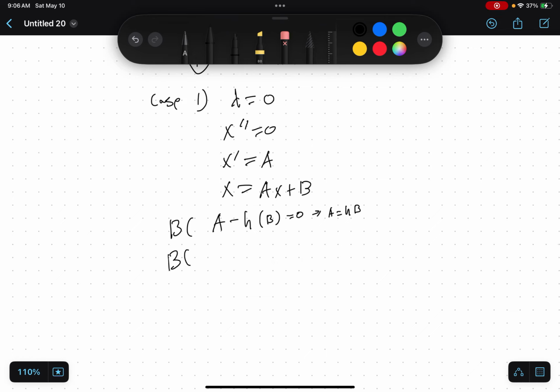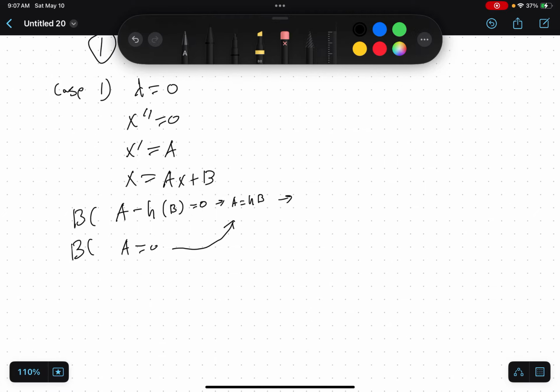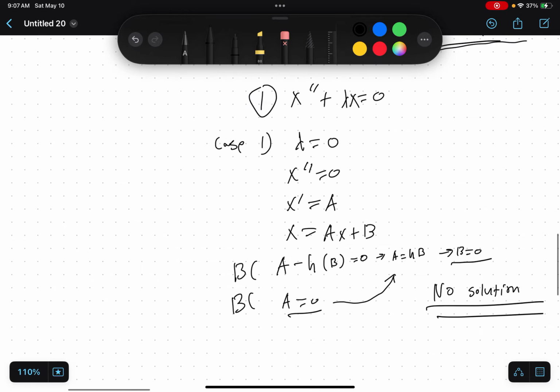That would be A equals 0, because x prime is A, so x prime at L equals 0, so A equals 0. But then when we plug that in here, we get that B equals 0, so no solution. So case 1 did not work.